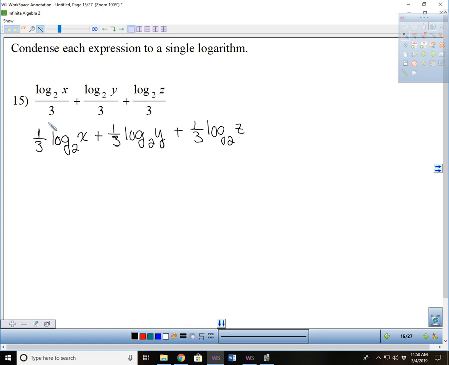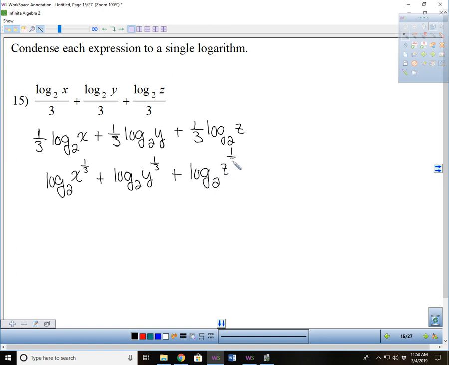Then I would put those in the exponent. So I've got log base 2 of x to the 1/3, log base 2 of y to the 1/3, and log base 2 of z to the 1/3.